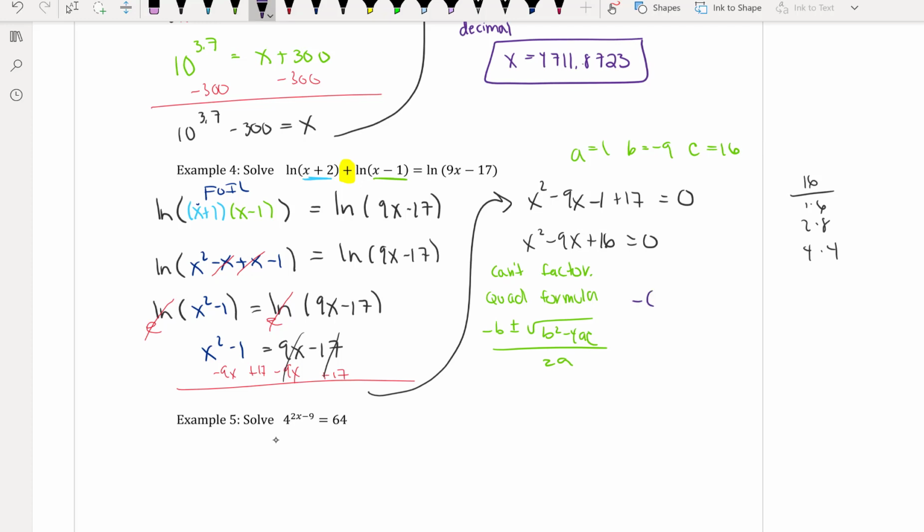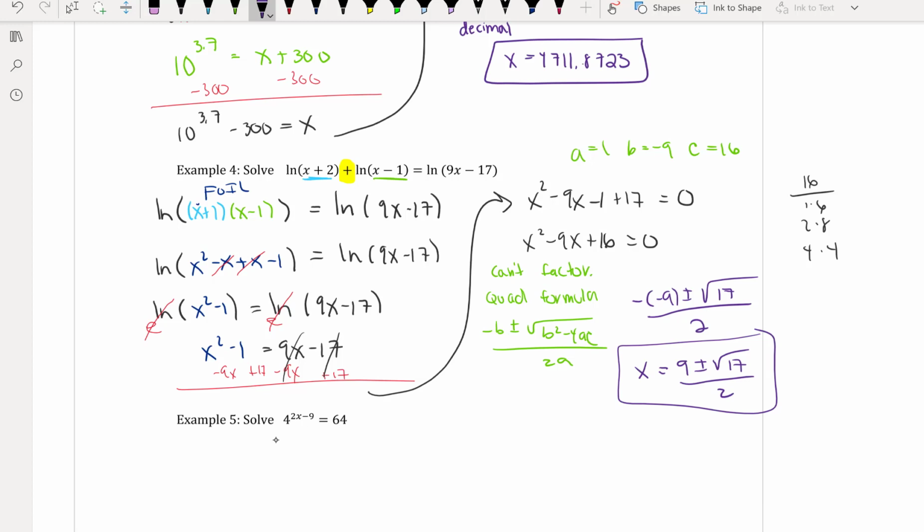So I would have negative 9, plus or minus the square root of negative 9 squared minus 4 times a, which is 1, times c, which is 16, so we'll get a positive 17. And then I have my 2 on the bottom. So I have that x is equal to 9 plus or minus the square root of 17, all divided by 2, as my final answer.